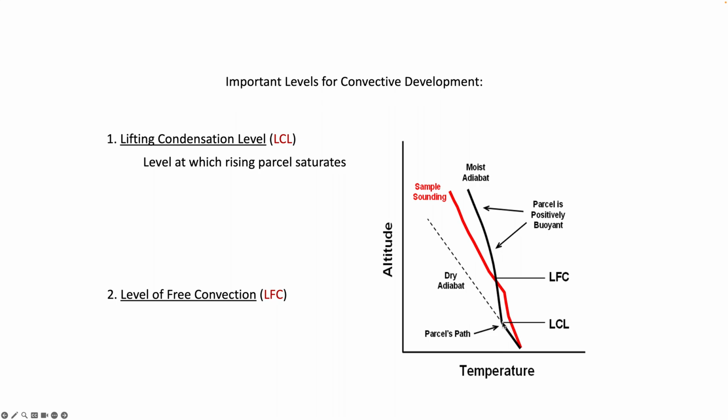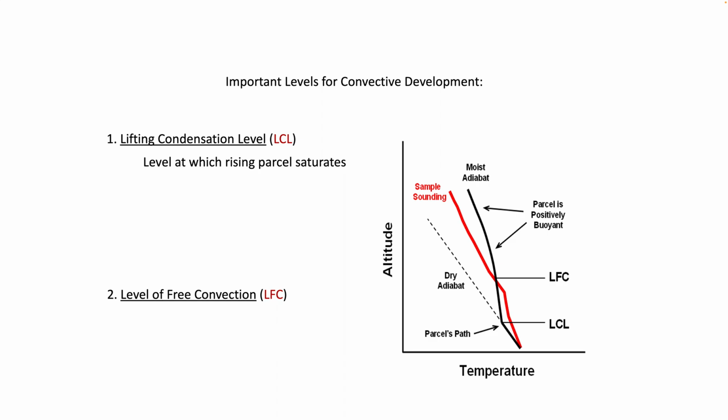Now, once the parcel reaches the lifting condensation level, if it continues to rise, it'll cool at the moist adiabatic lapse rate because the air inside the parcel is saturated. So as the parcel continues to rise and cool at the moist adiabatic lapse rate, we will get condensation of water vapor, cloud development, and the release of latent heat.